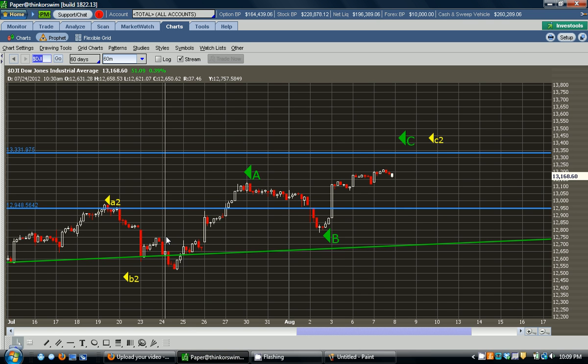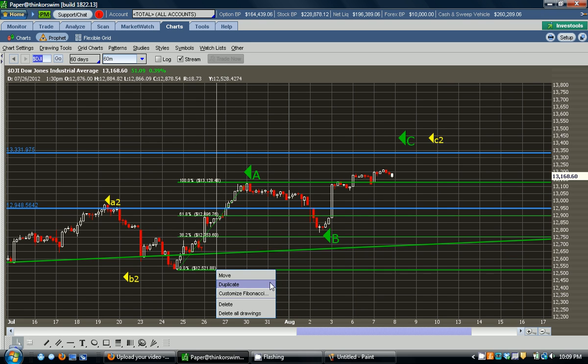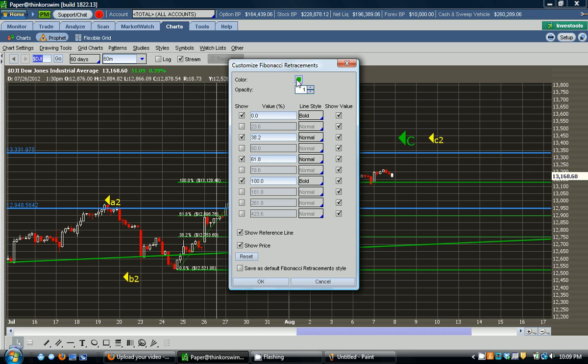But let's do a different exercise. So we draw this once again from top to bottom. I'll make this a different color this time. Let's just go with pink or something. And now we are going to put in the 161.8 retracement. So you see the 161.8 sitting right up there.